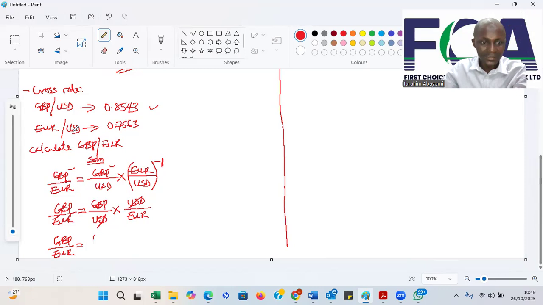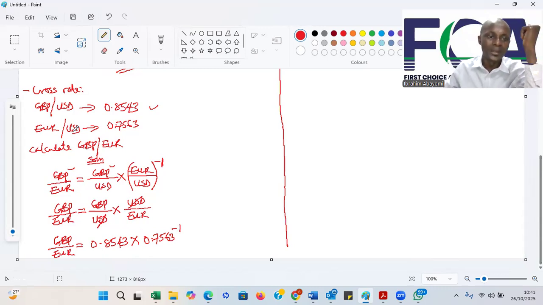GBP USD is 0.8543, multiplied by the second rate that we want to invert, which is 0.7563, raised to power -1, because that's what we want to invert.